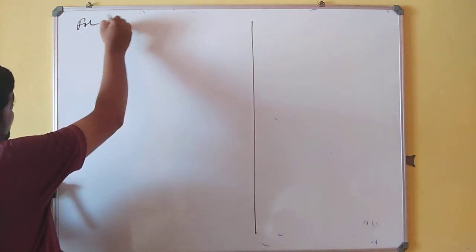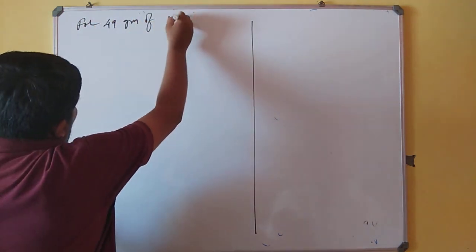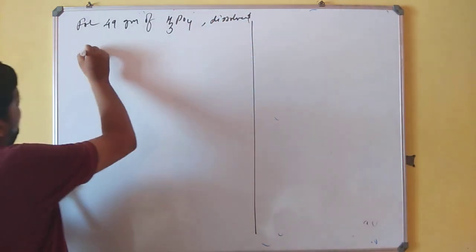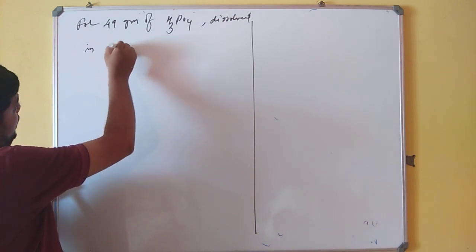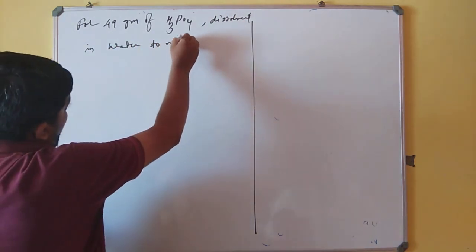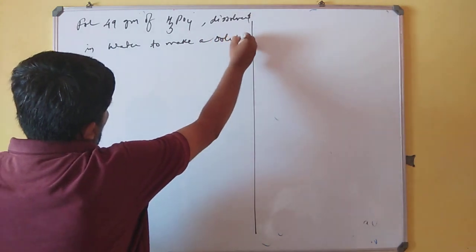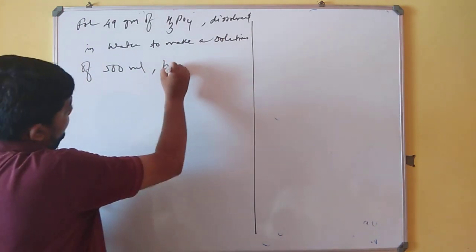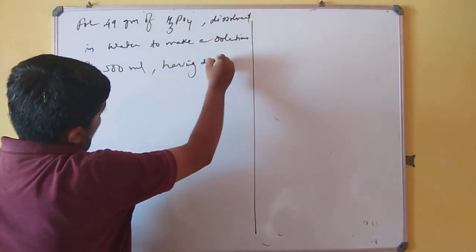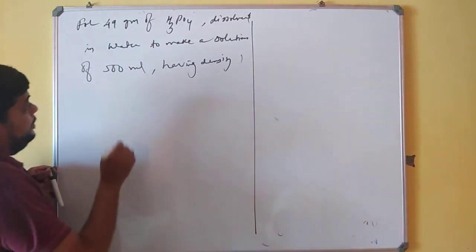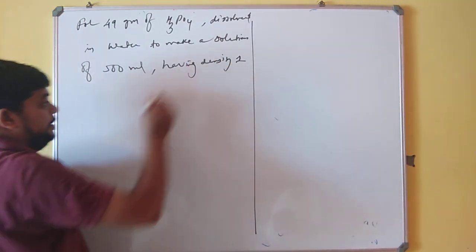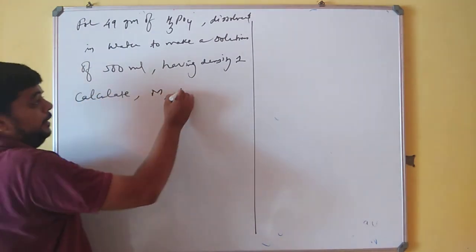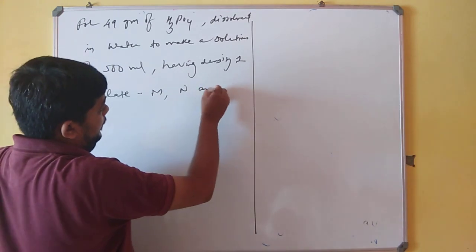For 49 gram of H3PO4 dissolved in water to make a solution of 500 ml having density 1, calculate molarity, normality and molality.